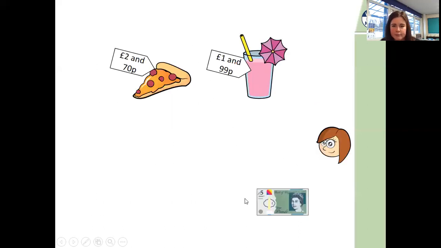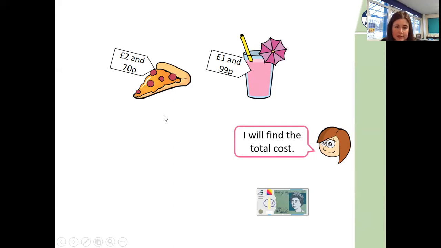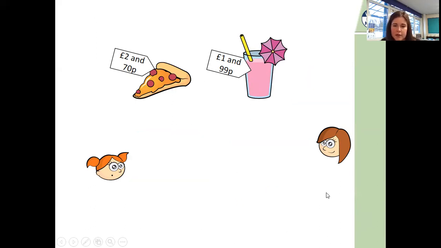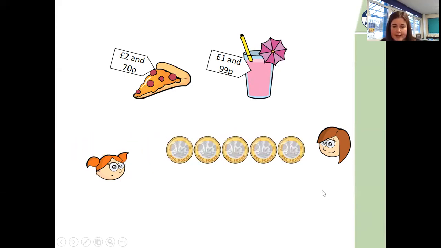Okay, this time we have got a £5 note, and we've got a piece of pizza for £2 and 70p and a drink for £1 and 99p. Now, Rosie is saying that she needs to find the total cost. But her friend thinks that there is an easier way. Rather than thinking of a £5 note, she has split it into £5 coins.